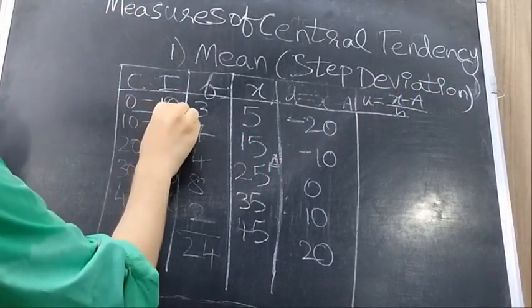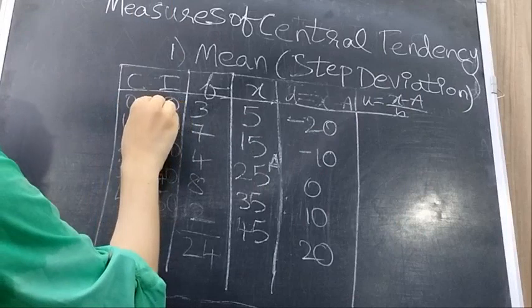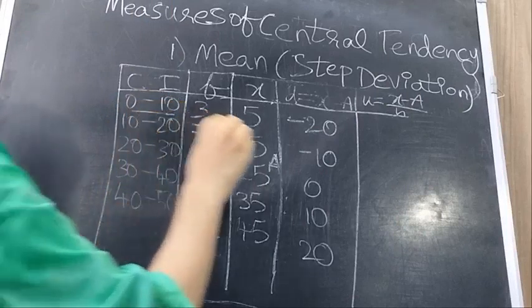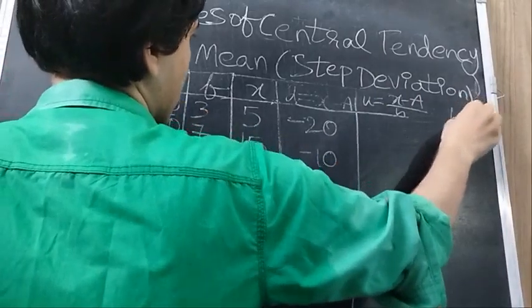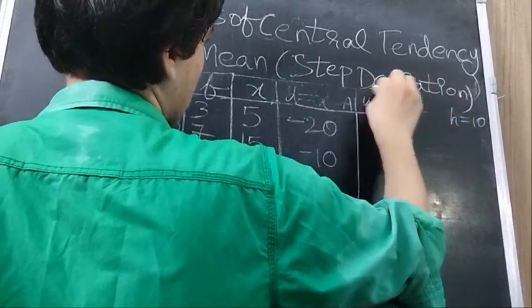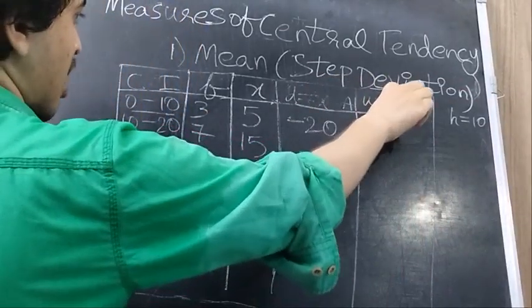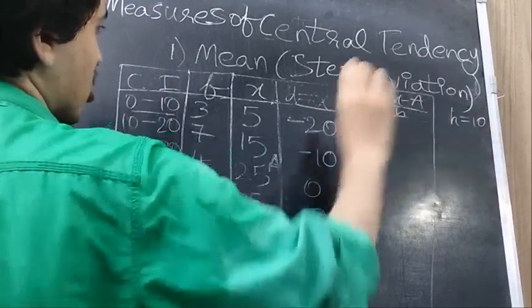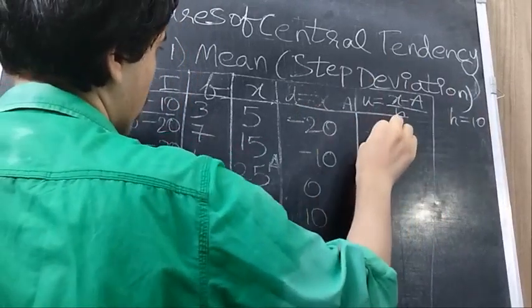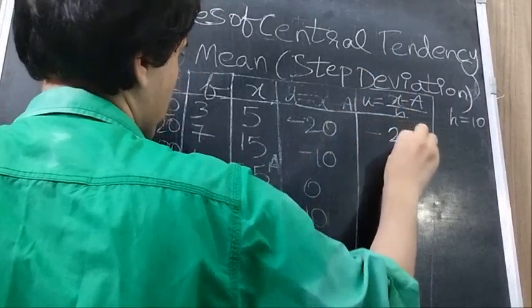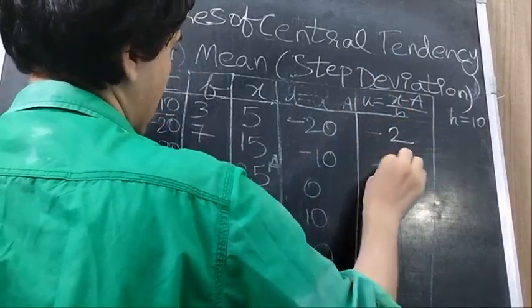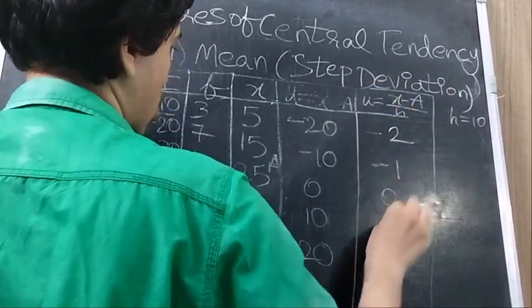What is h here? 0 to 10 means 10 minus 0, so the h value is 10. h equals 10. So we divide the d value, that is, x minus a, by h, which is 10. What do you get? Minus 2, minus 1, 0, 1 and 2.